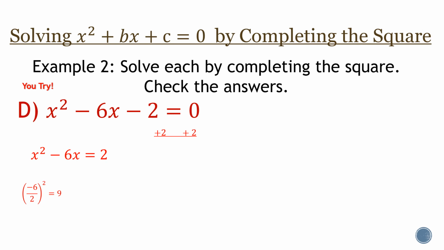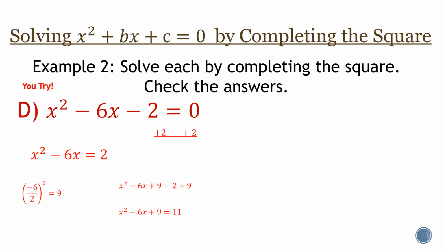So if I was to rewrite this equation, I would have x squared minus 6x plus 9 equals 2 plus 9. And I know 2 plus 9 is just 11. So I have the equation of x squared minus 6x plus 9 equals 11.